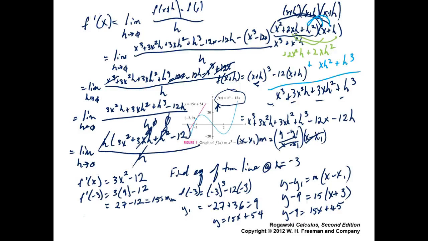But this is the point, negative 3, 9. When you plug that in, here's your slope of the tangent line that we got from our derivative, 15. And when you plug that in, that's your equation for the tangent line.